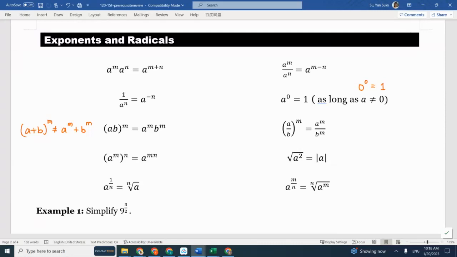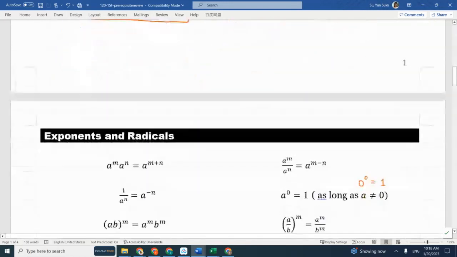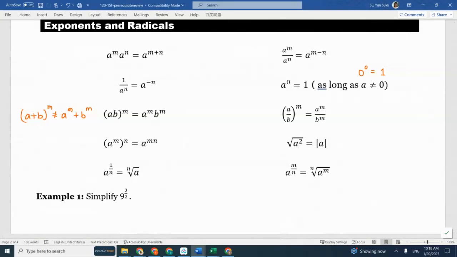No. For example, a plus b squared. Can you distribute the square? No. See, they're not equal. You have the 2ab there. So in general, if you have a sum or difference, you cannot just distribute the power. You can only do that if you have multiplication or division. Then you can distribute the power. Is that clear, everybody?